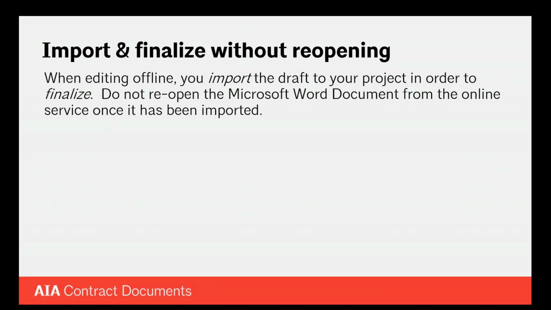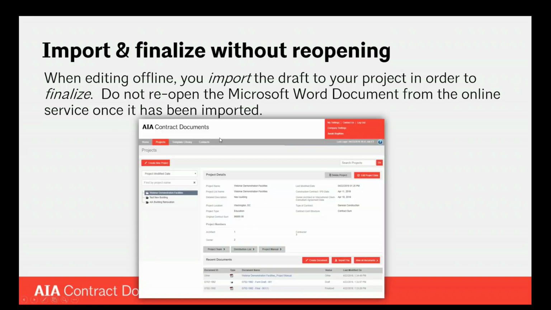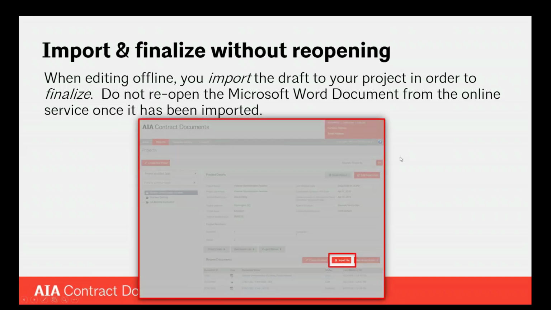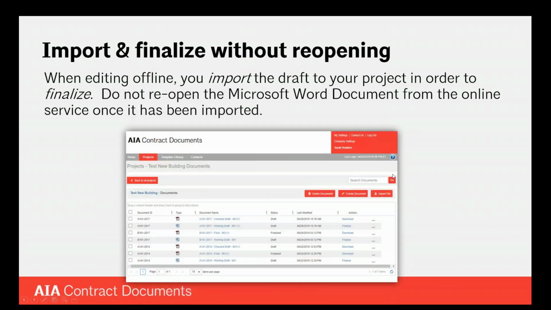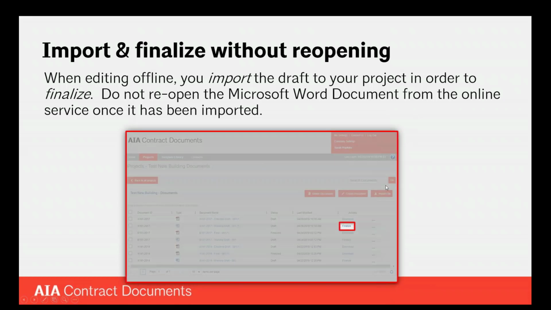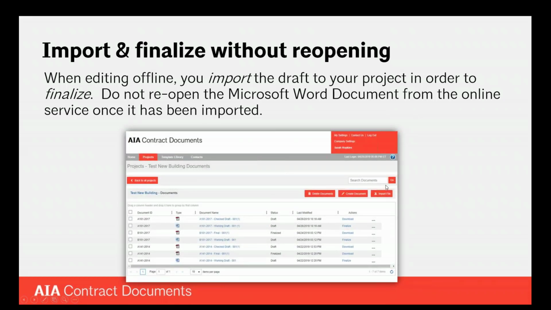Next is going to be to import and finalize without reopening. When you're editing offline, as you know, you work in Microsoft Word, and then you import your draft into your file. It is best to import that Word document and then immediately finalize, rather than importing and re-downloading the Word document from the online service, making additional edits, and then re-importing.